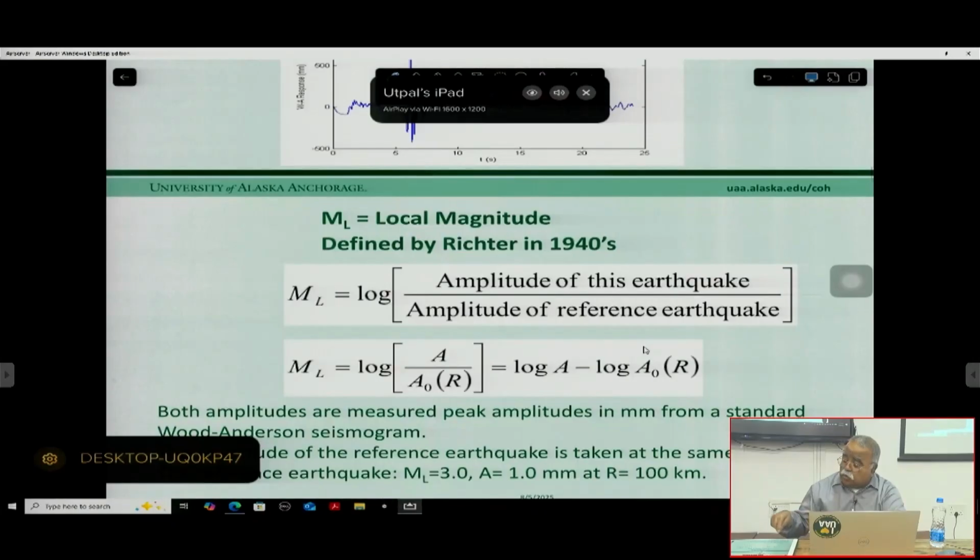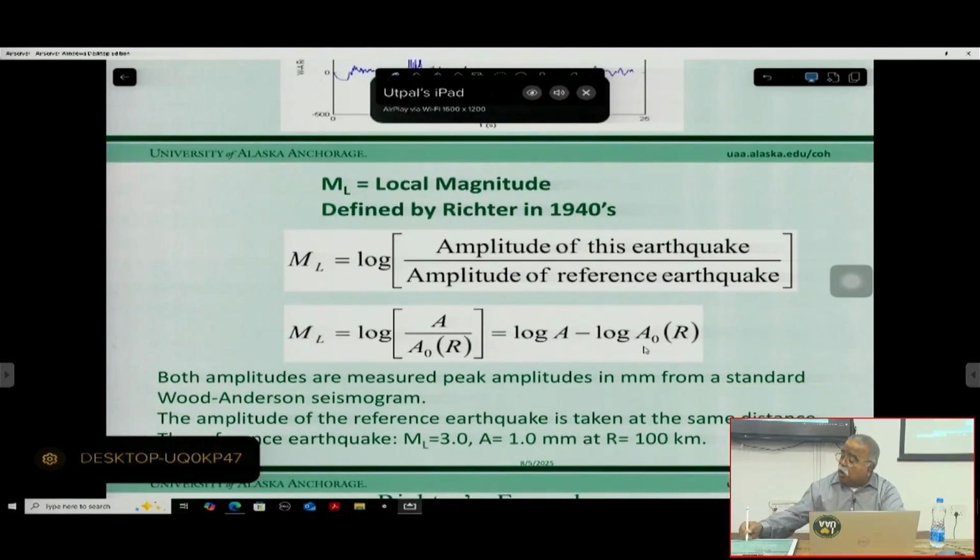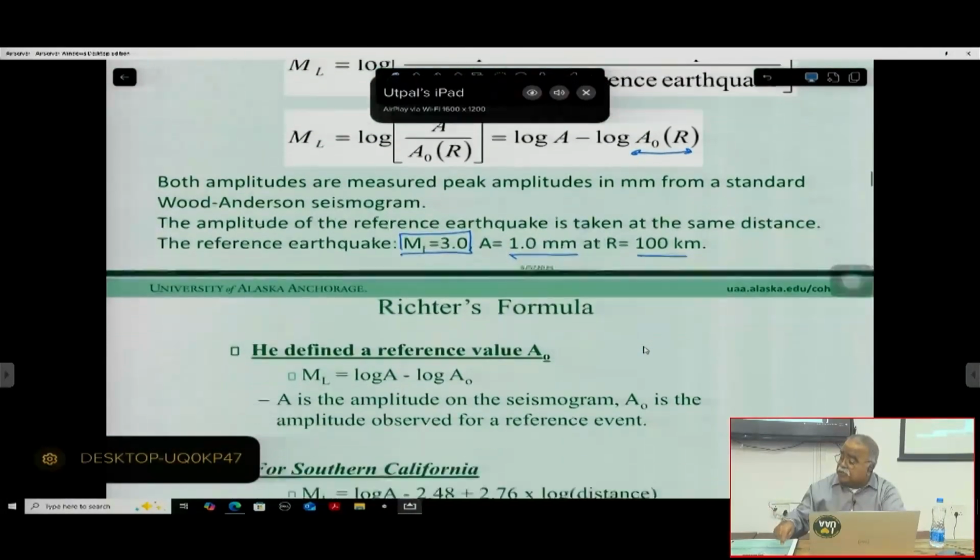This is what I told you earlier, that ML equals the amplitude of this particular earthquake against the amplitude of a reference earthquake, and the reference values are all given in that table. The reference amplitude means a magnitude 3.0 at 1 millimeter at 100 kilometer distance.